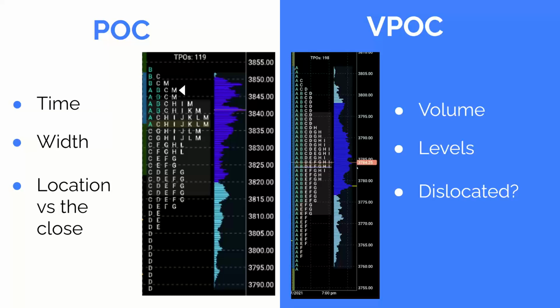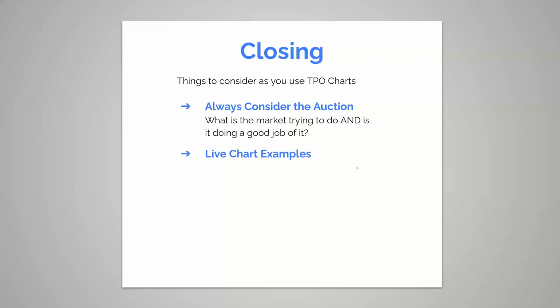Let's move on here. Before I get into the software, I just want to make this last statement: always consider the auction. What is the market trying to do, and is it doing a good job of it? The market is facilitating trade at all times, and you will see it trending higher, trending lower, or chopping around.